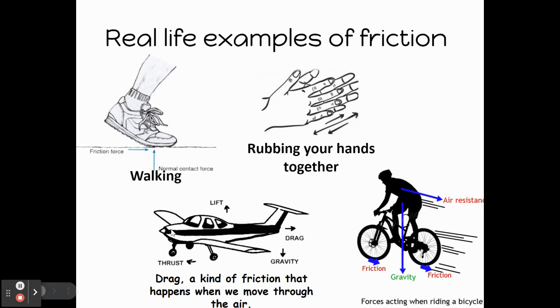Another kind is drag, which is a kind of friction that happens when we move through the air. And then the forces acting when riding a bicycle. So the air resistance. We see that there's air resistance here, but the friction is against the tires' motion on the ground.